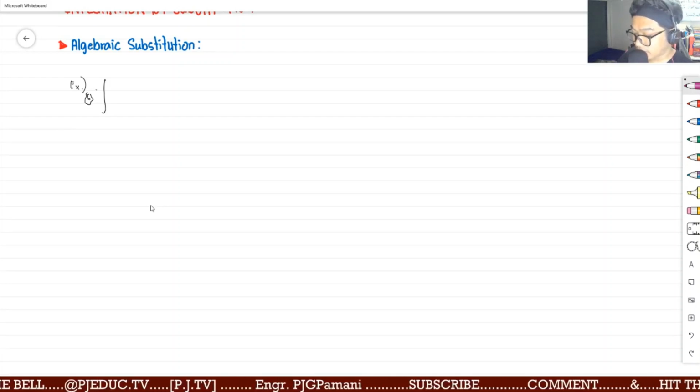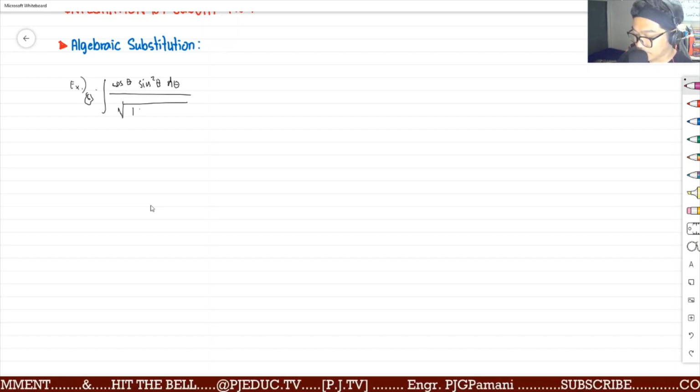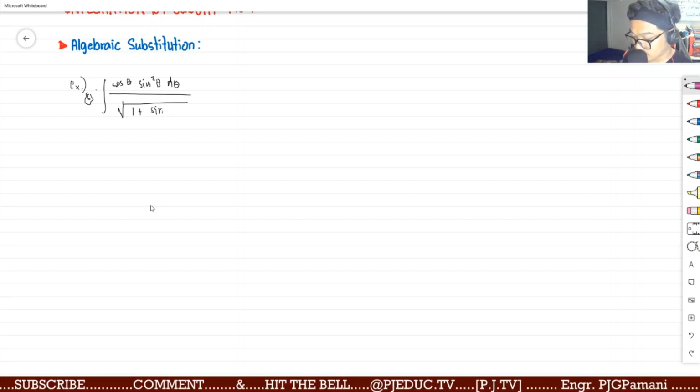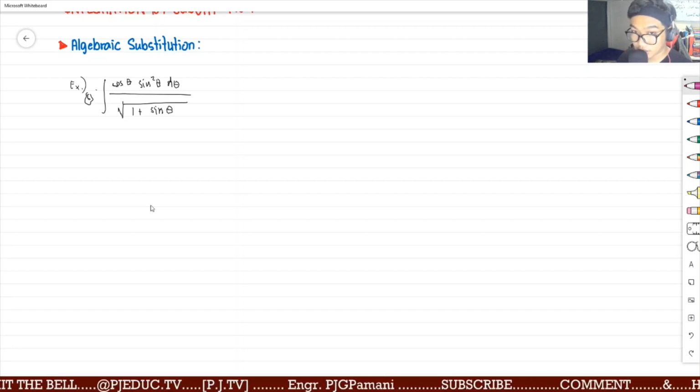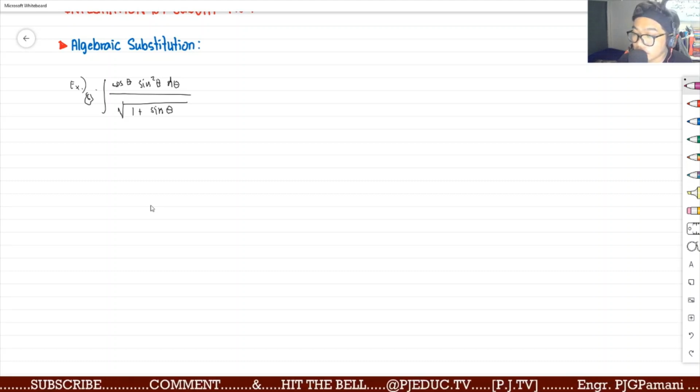So the indefinite integral of cosine theta, sine squared theta, d theta, all over the square root of 1 plus sine theta. What if you're now asked to evaluate the indefinite integral of cosine theta, sine squared theta, d theta, all over the square root of 1 plus sine theta?